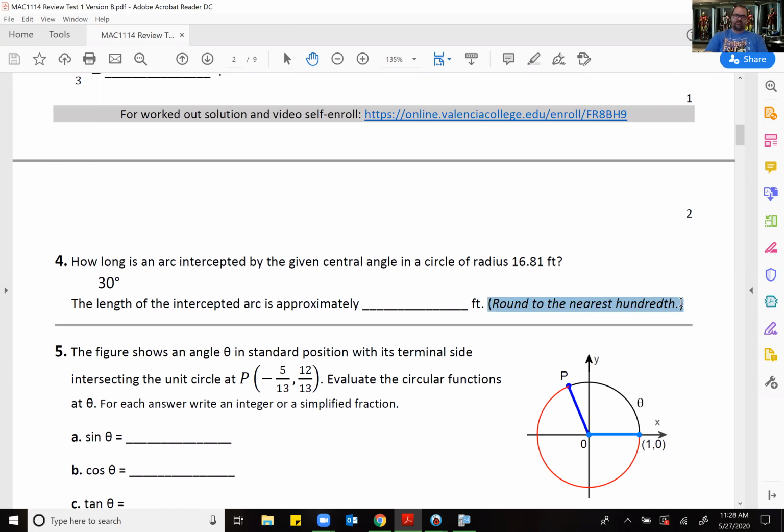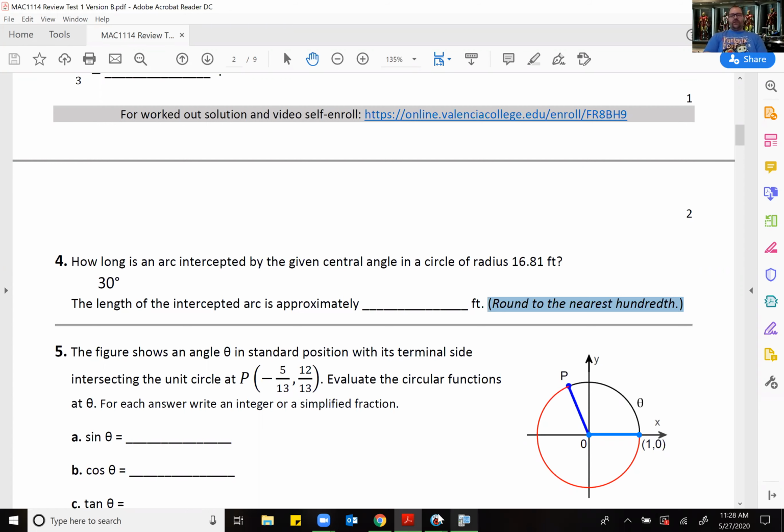It says round to the nearest hundredth, because some of these answers you're going to keep exact and some of them they will make you round. Always make sure that you are paying attention to that. Super important. So we have a central angle of 30 degrees and a radius of 16.81 feet.